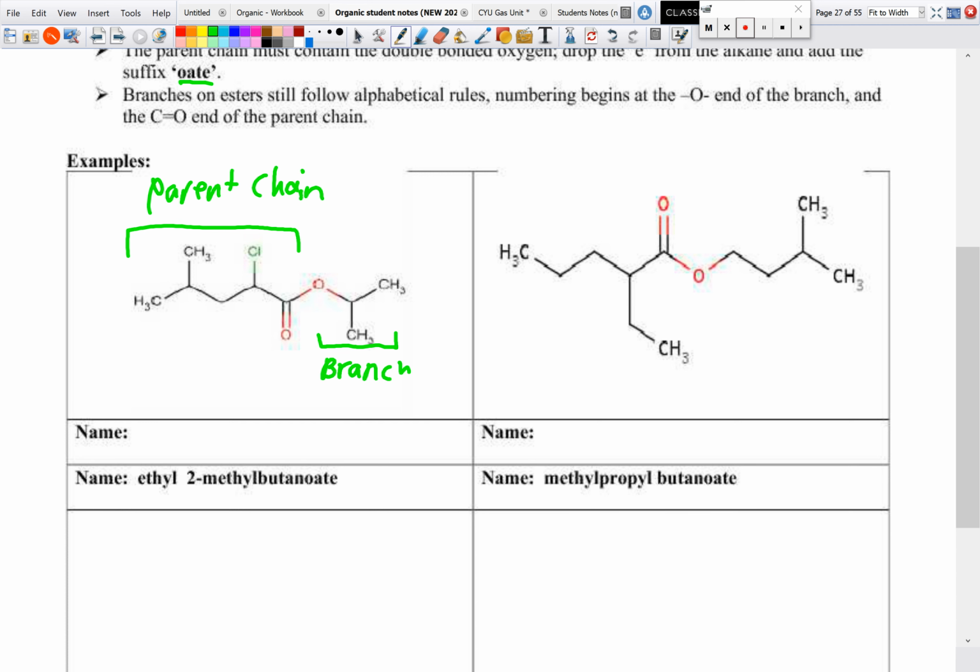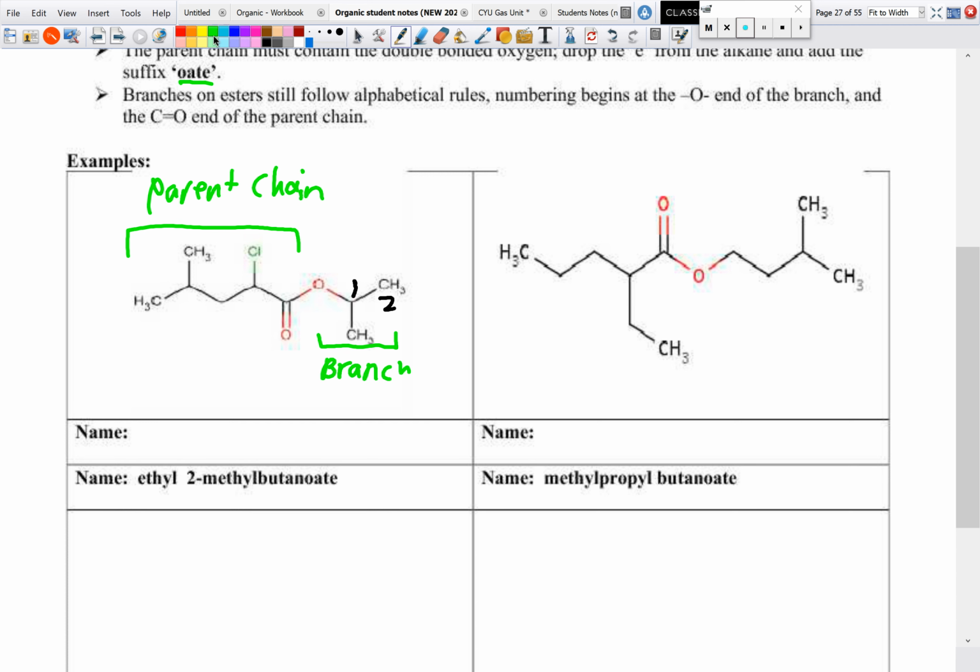So with regards to our branches, we are going to have to just name them like normal. So we've still found our longest continuous carbon chain. So carbon 1 needs to be the one attached to the oxygen. So we go carbon 1 right here, and then I can either go right or I can go down to get carbon 2. So there's my longest continuous carbon chain.